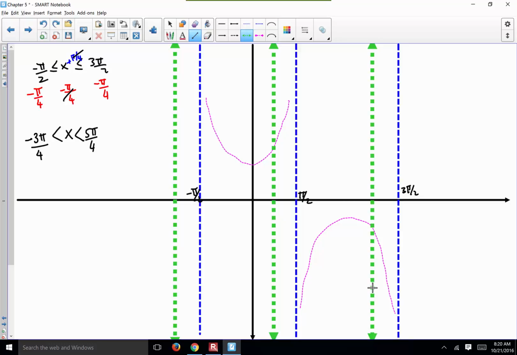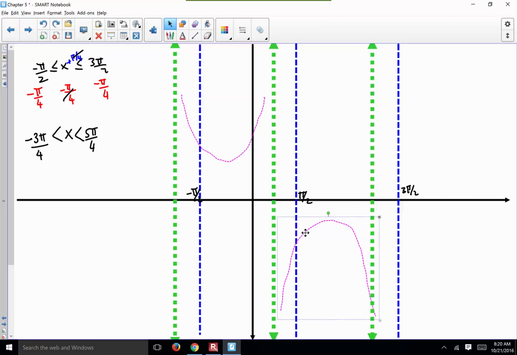And guess what? This guy is going to move between the green lines now. There you go. And this one is going to move between the green lines. Everybody is moving pi over 4 left. Are you with me?